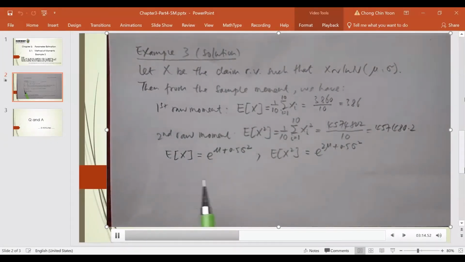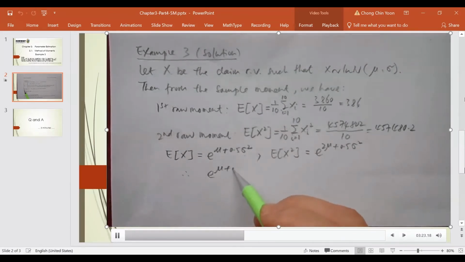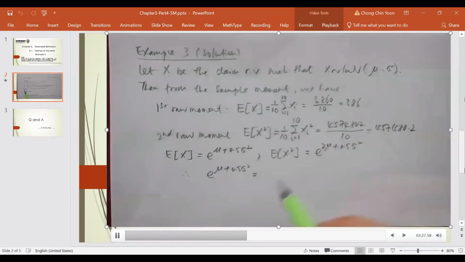So obviously, this will be equal to this. Therefore, the exponential to the power of mu plus 0.5 sigma squared is equal to 386. So I name this equation 1.